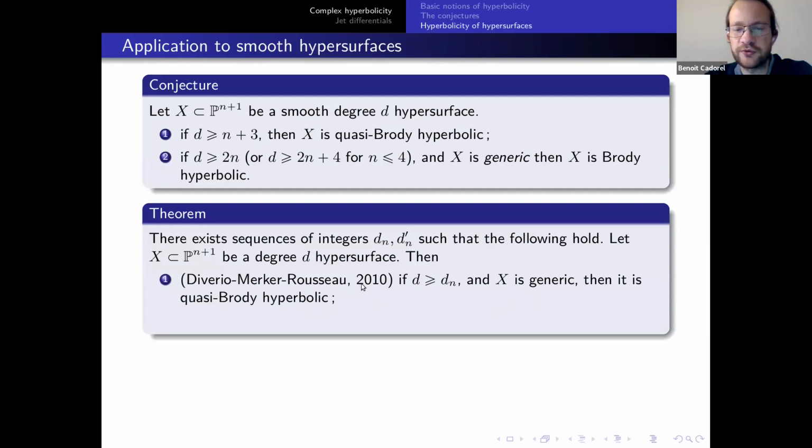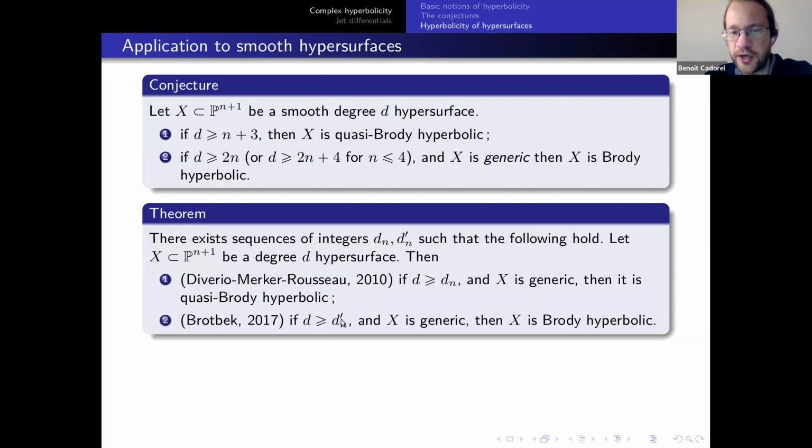So this was proved in 2010 by Diverio, Merker, Rousseau. And more recently, it was proved by Brotbek that if you take a degree larger than d_n prime, so of course d_n prime has to be larger than d_n because the second result implies the first one, then X is Brody hyperbolic.